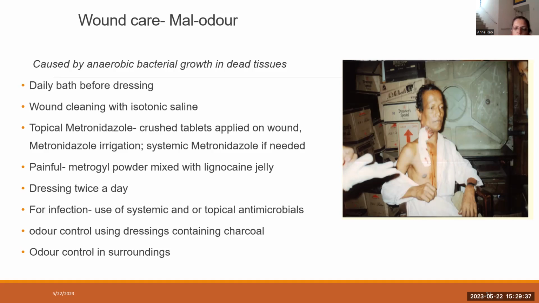What about the smell in the environment in his room? Right, that becomes a big issue because the patient and the relatives will be staying in that type of environment 24 into 7, right? So what care can be given? Not all patients may be able to use aerosol sprays, right?